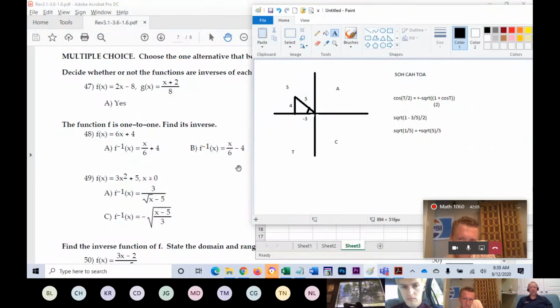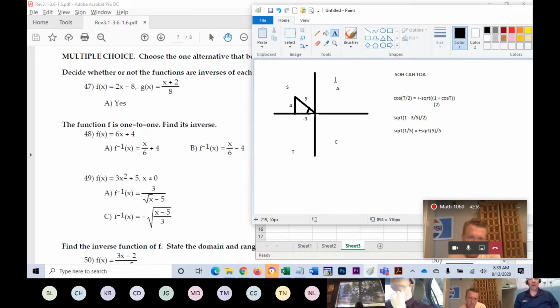That's right, because what does 3x squared plus 5 look like? A parabola, right? So if I've got a parabola here, that can't be a one-to-one function because the horizontal line test will cross it twice. And so if I limit my domain to just greater than 0, now it's a one-to-one function. It's half a parabola. Okay?